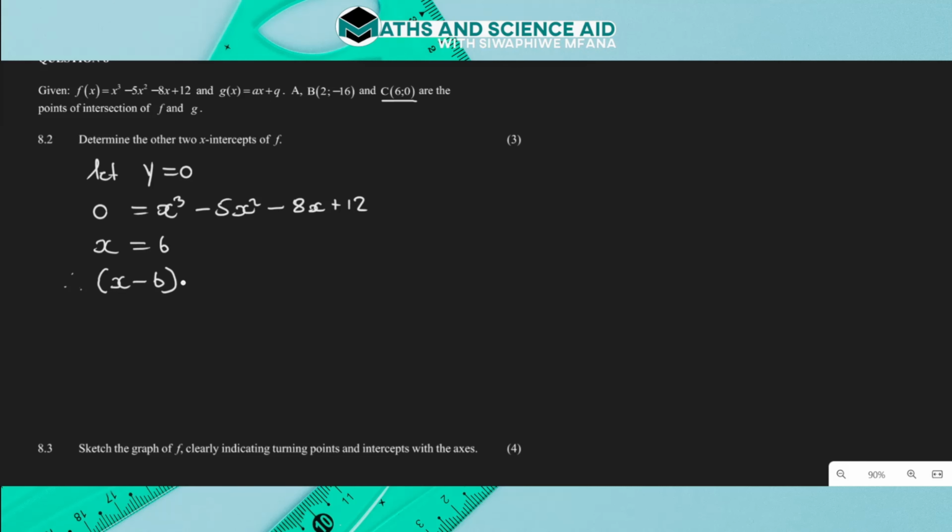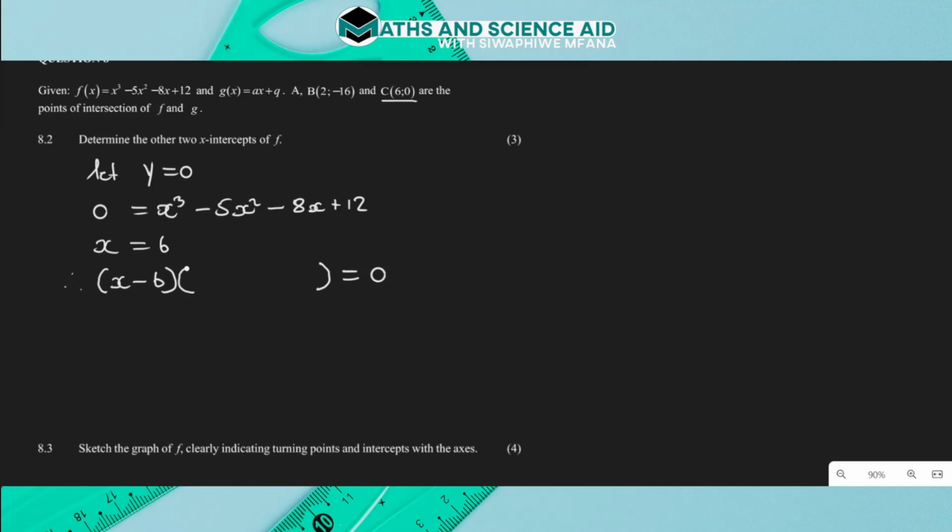So that we know. And so now we need to determine the other two linear factors so that we can get the other two x-intercepts. Okay, and so here's the trick. We know that here we are going to have a quadratic expression, and this quadratic expression must be such that if we multiply it by this linear factor, we are able to get the original expression again.